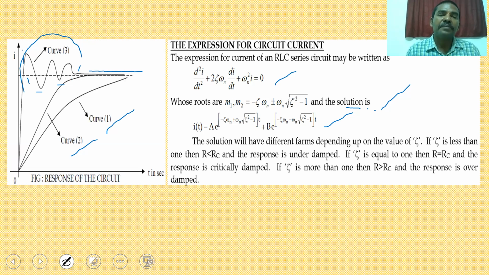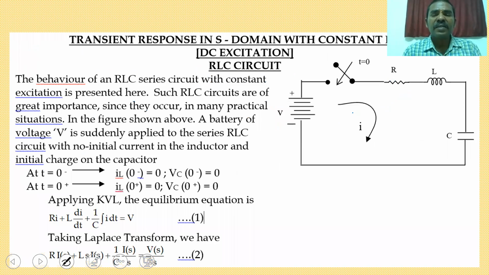Are you understanding? So like this you have to go for the RLC series circuit final solution with respect to the second order differential equation, with the complementary function as well as the particular integral. Now while we are coming to the S domain, it is the same circuit, not changed. R, L and C are connected in series with a step excitation of V volts.